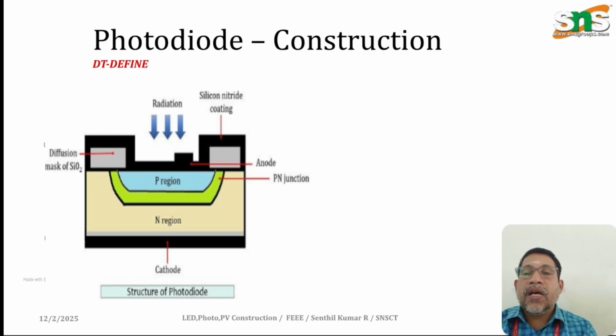Hence, there is a recombination of hole and electron pairs in the PN junction region, and hence there is a flow of current. The flow of current may increase or decrease, depending on the light intensity which falls on the P region. Therefore, this is the structure of a photodiode.